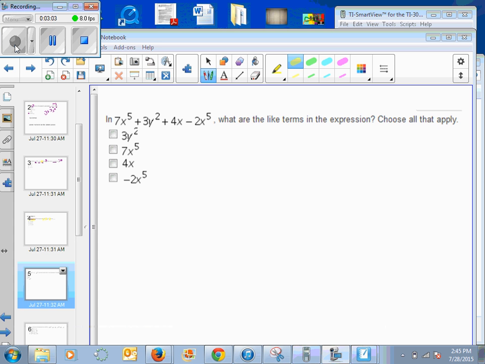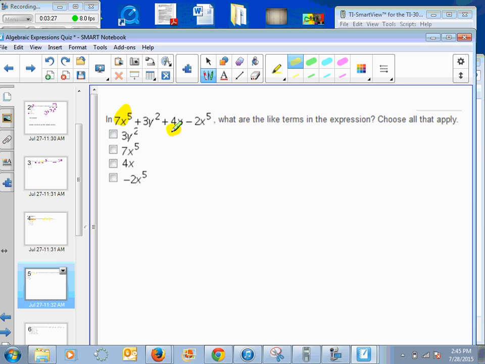Okay, so we've got this expression 7x to the fifth plus 3y squared plus 4x minus 2x to the fifth, and we want to know which ones are like terms. Let's take a look. You got 7x to the fifth. Like terms again, you got to have the same variable to the same power. So we want to find something with an x. Well, you got this 4x there.